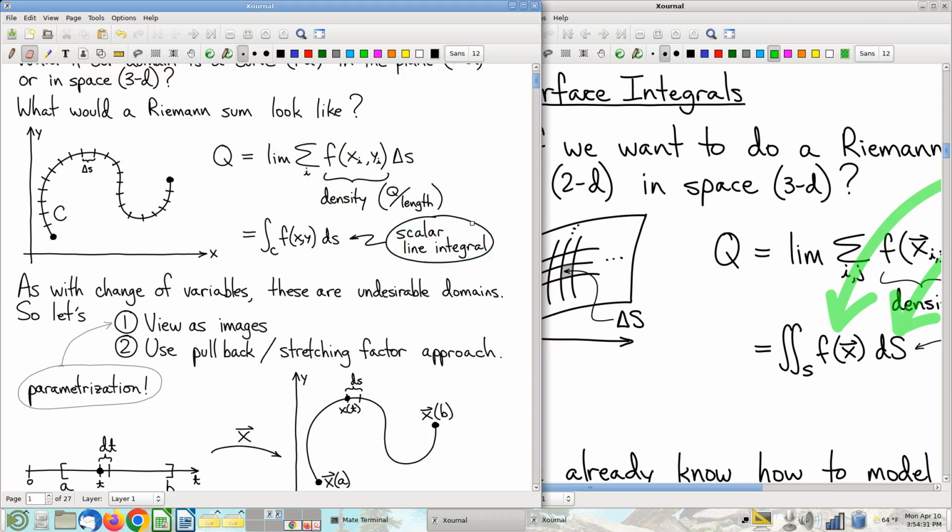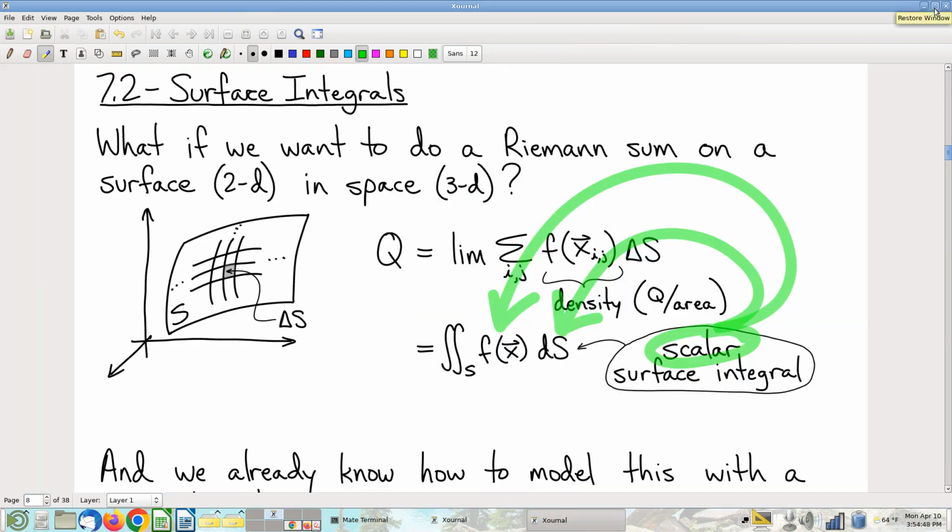And on each piece, quantity per unit length times length, add up over the whole. It's very, very similar to what we're doing now over here on surfaces. Is everybody with me? Everybody see the analogy there? Strategically the same, dimensionally different.